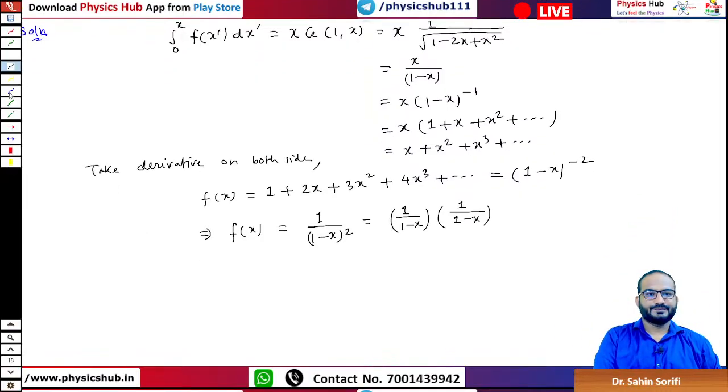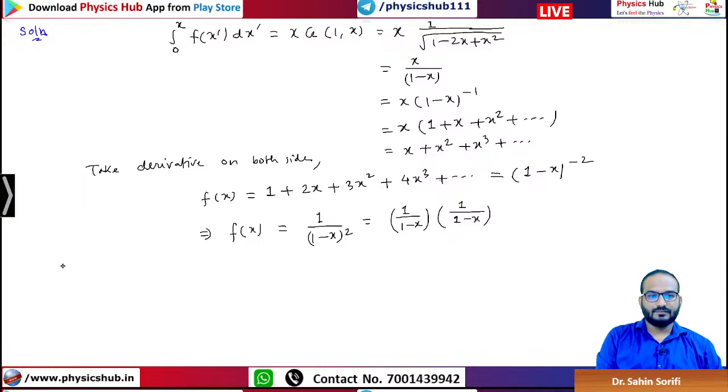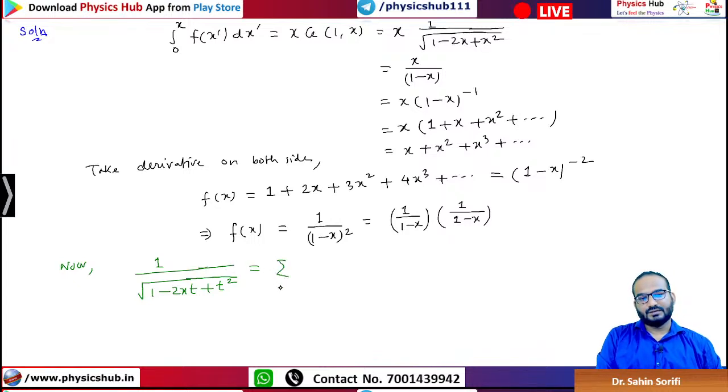You see, 1 upon root over 1 minus 2xt plus t square, this is sum n equals 0 to infinity x to the power n Pn of t. Okay.